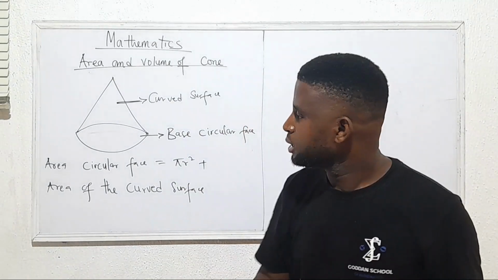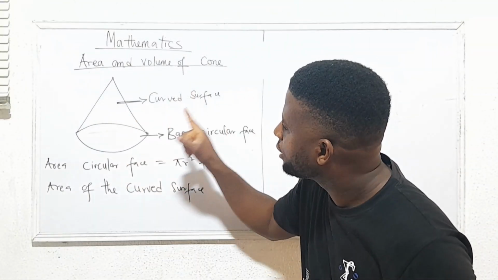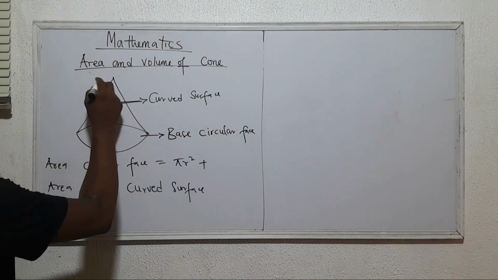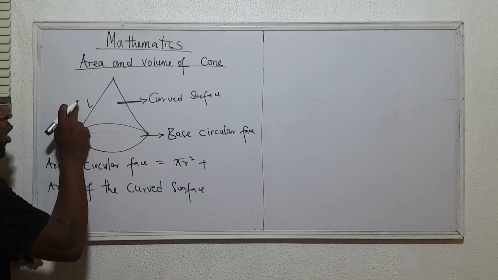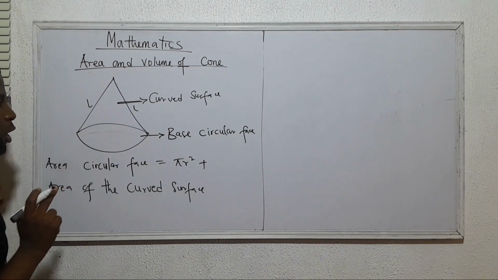The same thing, the net of this cone is the shape that you get when you detach the base circle. Now, this part is called the slant height of the cone.